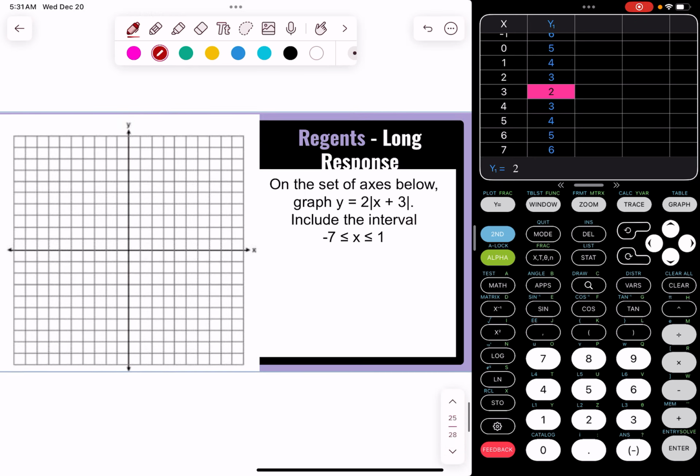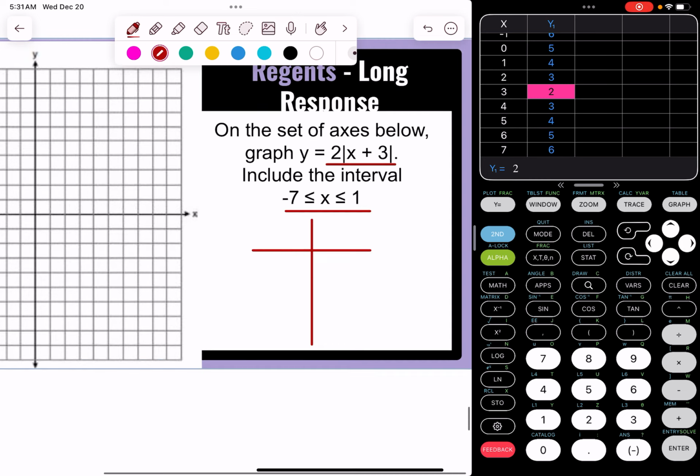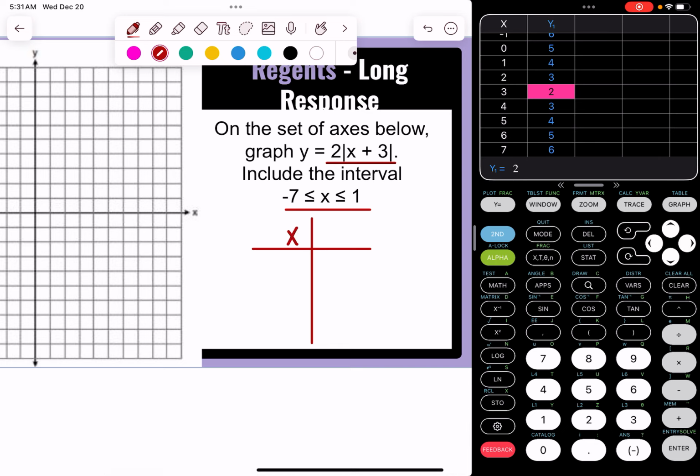Let's look at the next question. On this set of axes below, graph this, include this interval. All right. When they tell us what interval to use, that means that is the definite x values they want us to use. So here, they want us to start at negative 7, and then they want us to end at 1. So let's go do that now. Perfect.